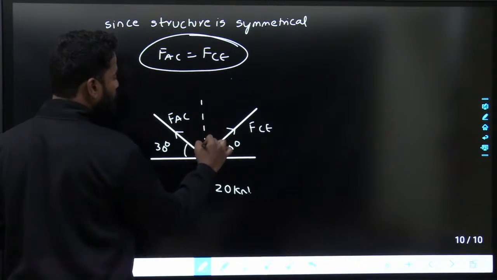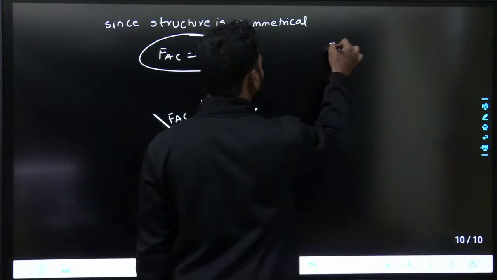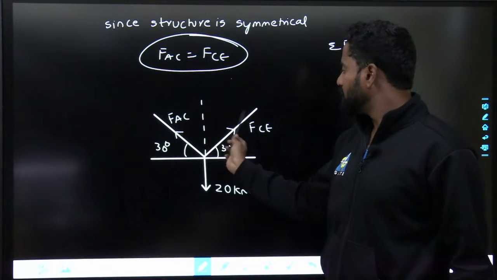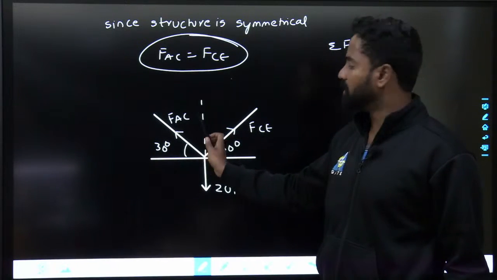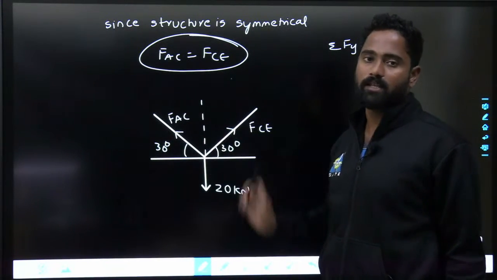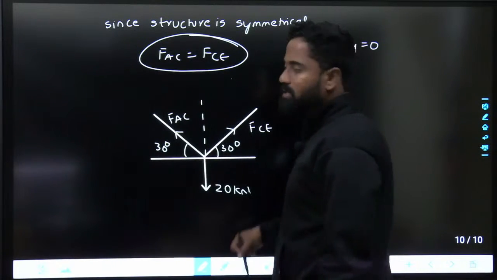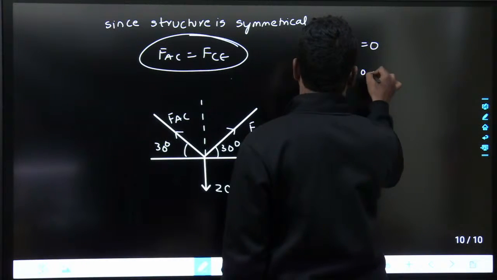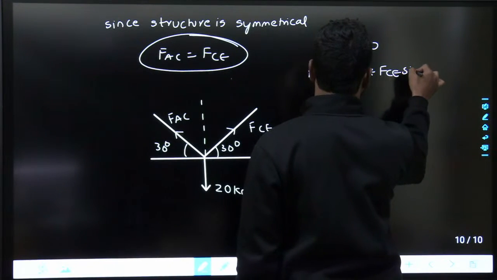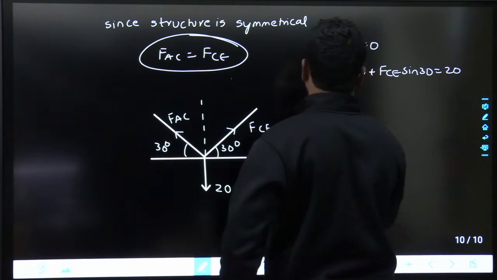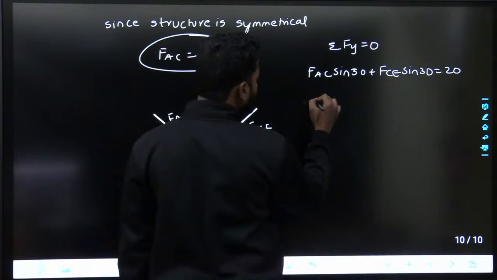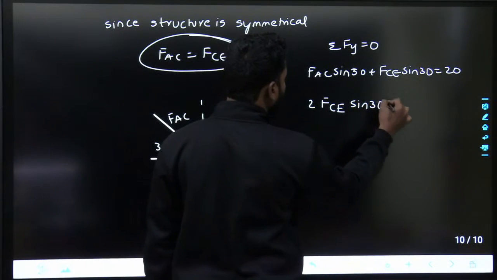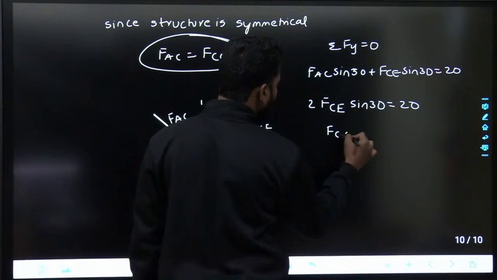Sigma Fy equals 0: FAC sin 30 plus FCE sin 30 equals 20, since the 20 is downwards. FAC equals FCE, substitute it, so 2 FAC sin 30 equals 20 kilonewtons.